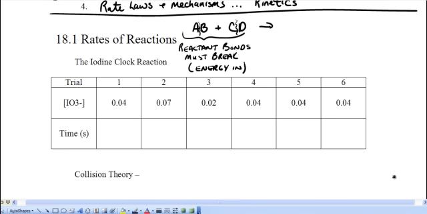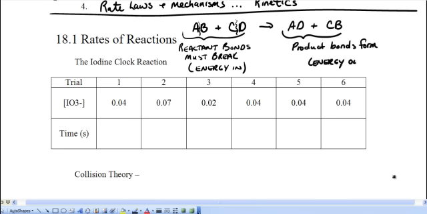Now when the molecules or the atoms rearrange themselves, and let's just say that A goes with D and C goes with B, all right, new product bonds are going to form. And when new bonds form, energy is released because they stabilize one another.